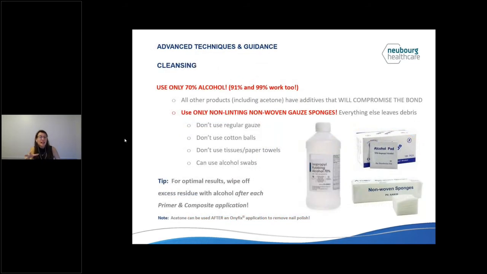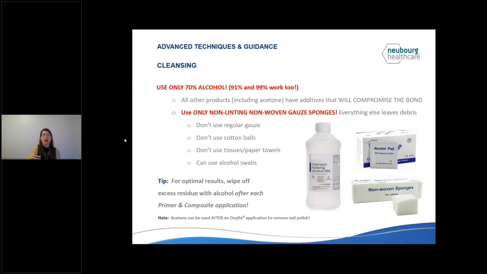So, cleansing techniques, a few quick pointers here. Use only 70% alcohol, or we've had people ask, can we use 91 or 99%? Absolutely, you can. Doesn't matter, as long as it's pure alcohol and has no additives, and is not less than 70%. If you use less than 70, because there are, I think, 50% and 61 and 62%, no good.